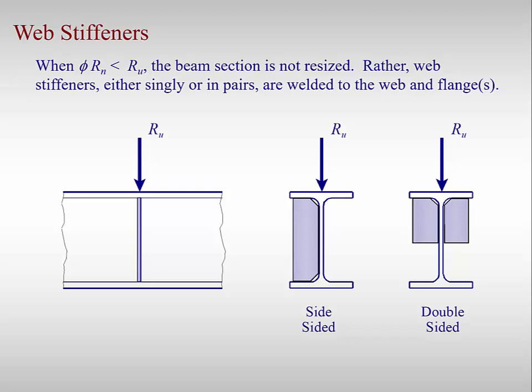The stiffeners can be either full depth or half length and either single-sided or double-sided depending upon how much additional strength is needed. We will not consider the design of stiffeners in this course. See section J10.8 for additional information.